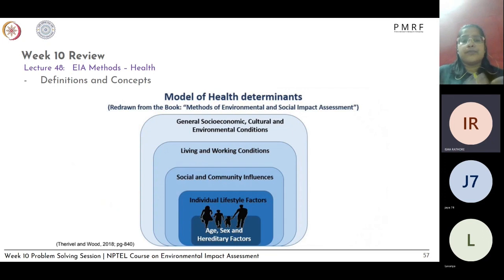And then the model of health determinants includes age, sex, and hereditary factors, individual lifestyle factors, social and community influences, living and working conditions, and the general socioeconomic, cultural, and environmental conditions. All of these play a role in the health of any person. All of these are factors which affect the health of an individual.